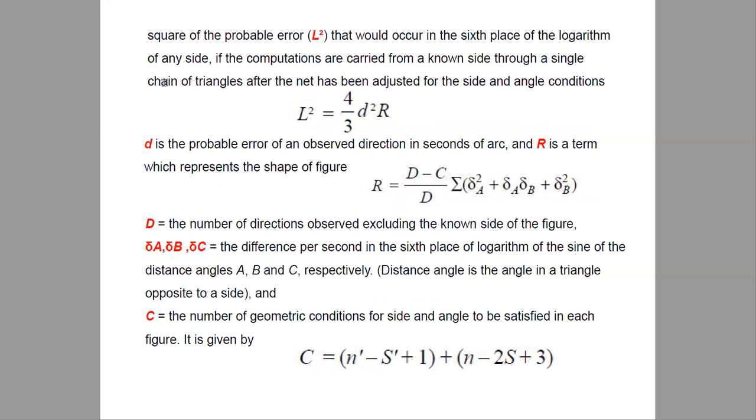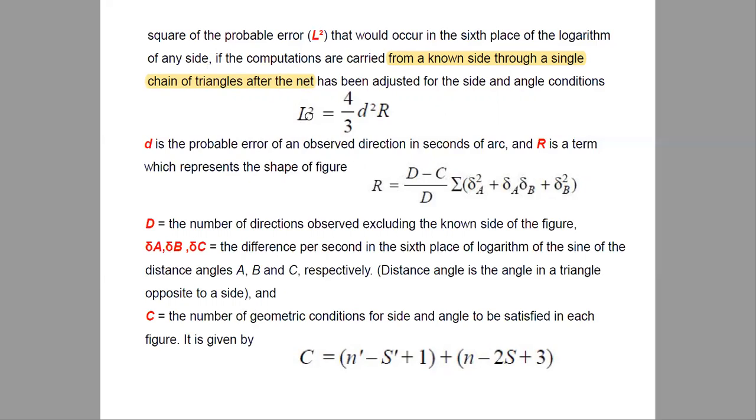That is, the probable error in the length of any side at the sixth place of logarithm, the error allowed in the length of a side up to the sixth place of logarithm in computation, from any known side and a single chain of triangles.